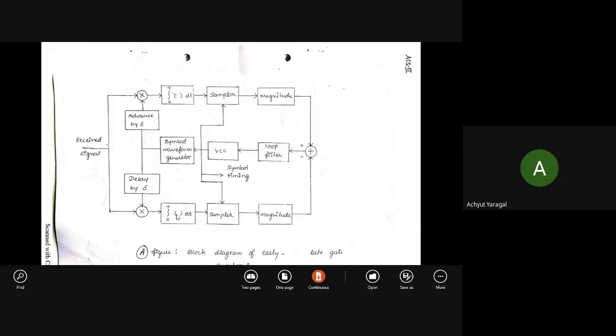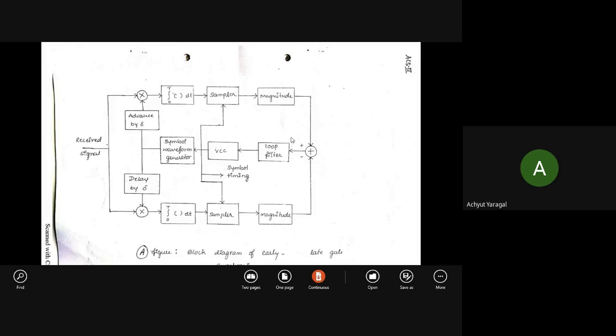The outputs of both correlators are given to the sampler, and then to the magnitude block. There we find an error signal between the early and late outputs. That is given to the loop filter, which estimates the voltage.